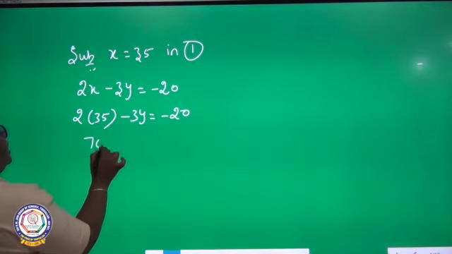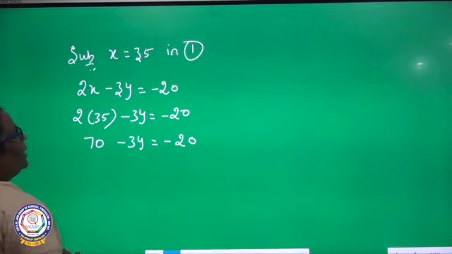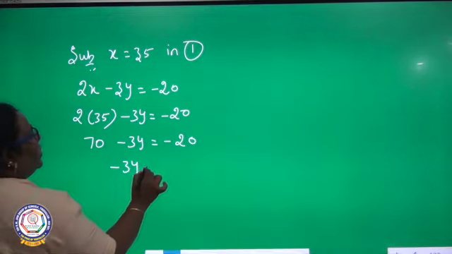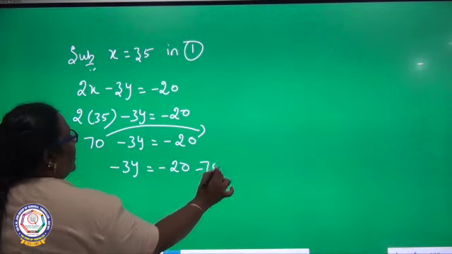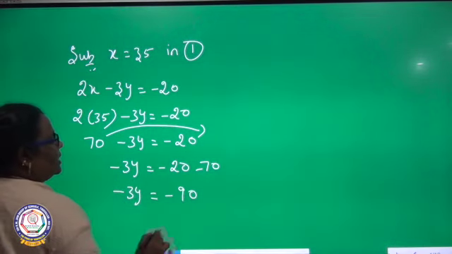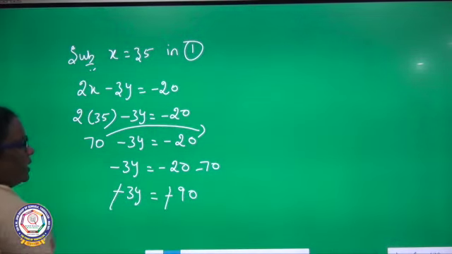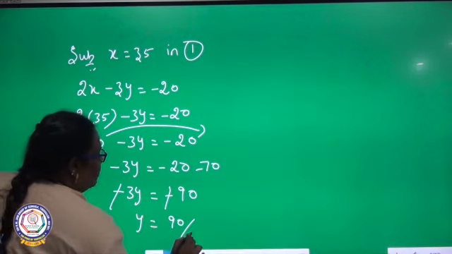So 70 minus 3y equal to minus 20. Bring this side, minus 70. Minus 3y equal to minus 90. Minus and minus get cancelled. y equal to 90 by 3.